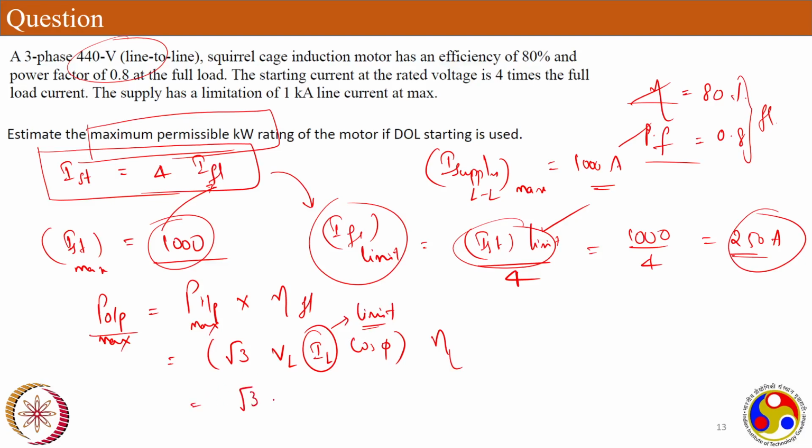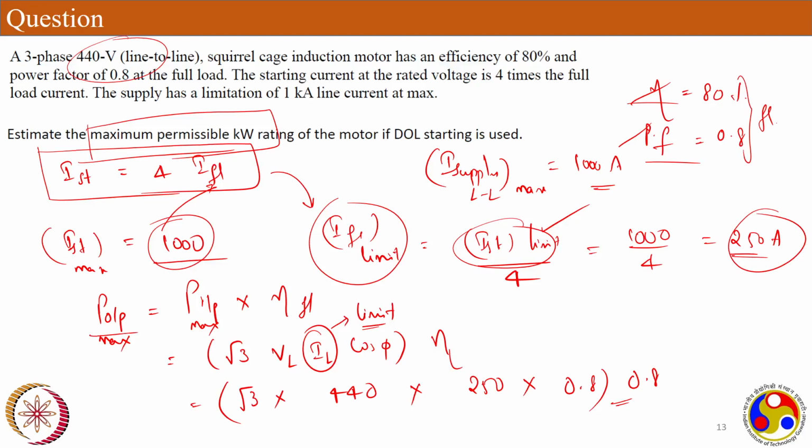Now root 3 times, here your VL line to line is 440. That's in the question. And your IL limit, you got as 250, the full load current. And power factor at full load is 0.8, multiplied by the efficiency of 80%, again a 0.8 factor. Now please tell me the answer.